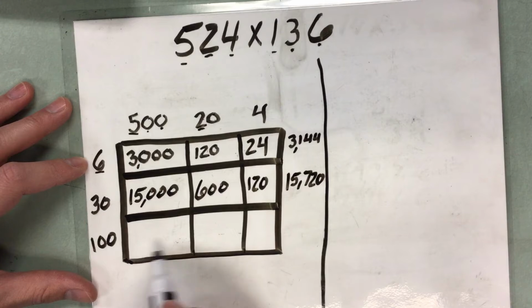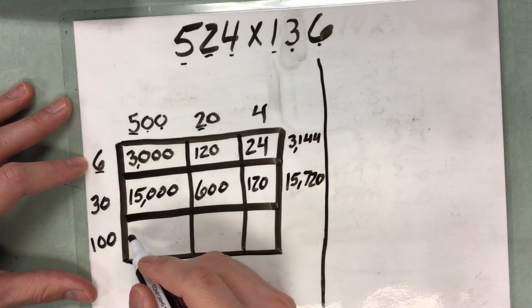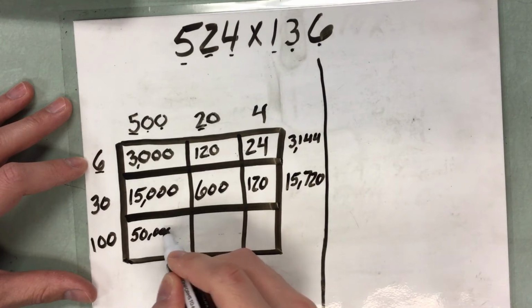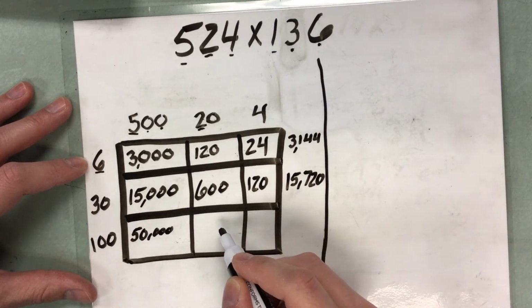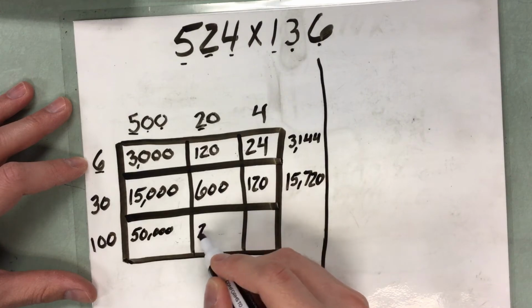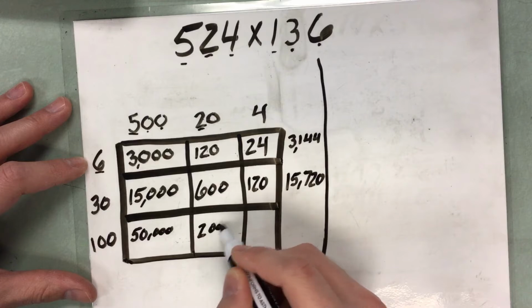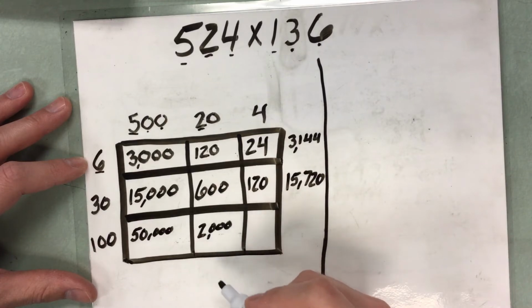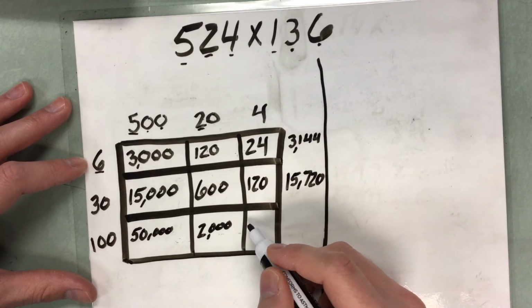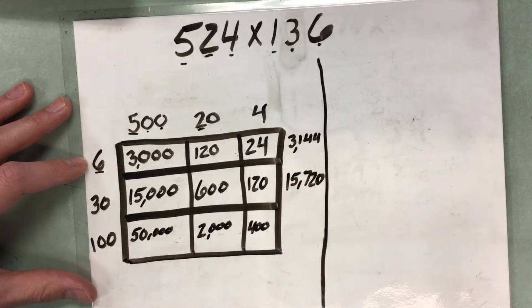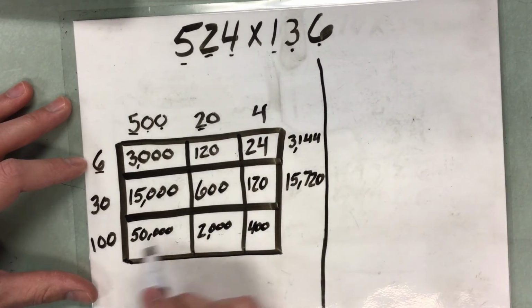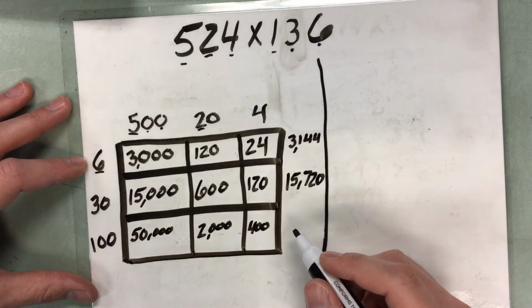Go ahead and fill the last row out by multiplying to find these areas. Once you've multiplied, add up the row to get your partial product.